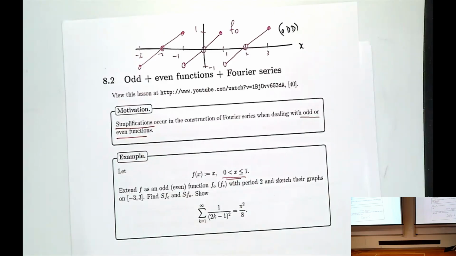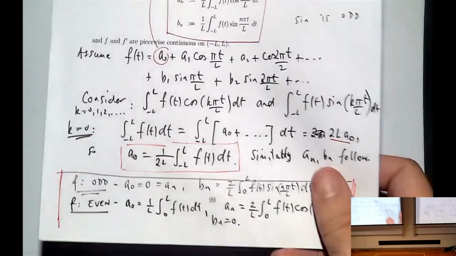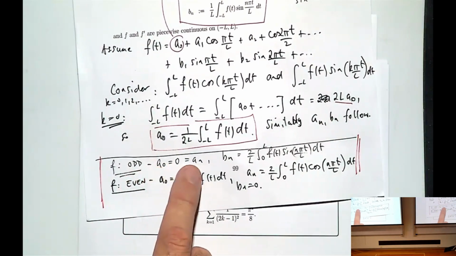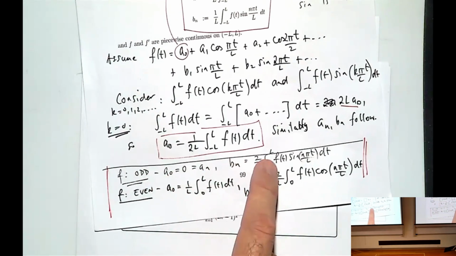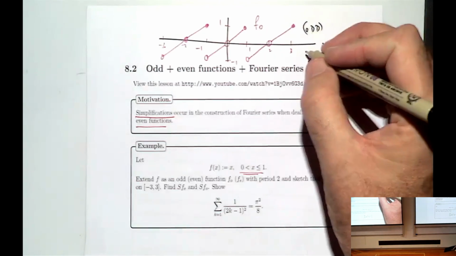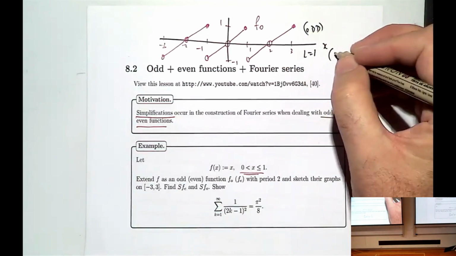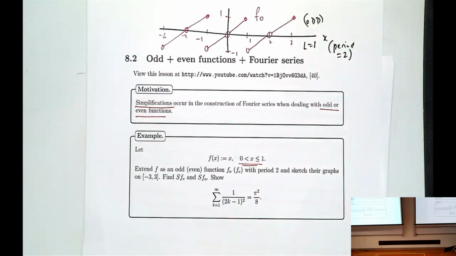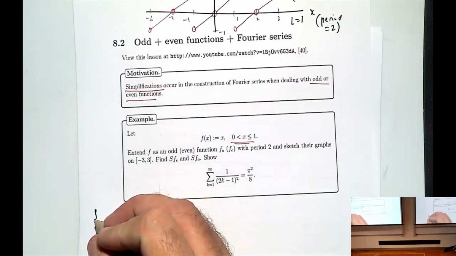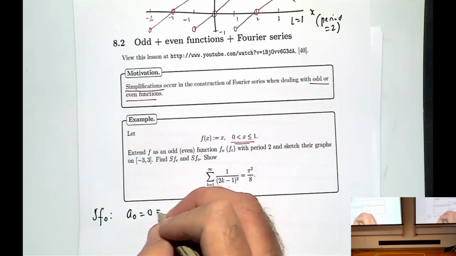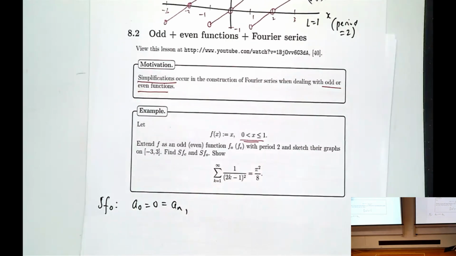So let's have a look at our situation here. f is odd, so a sub naught and a sub n are all 0, and b sub n is 2 times that integral. In this case, L equals 1 because the period equals 2, so you halve that. So for the Fourier series of this odd extension, these coefficients are all 0.